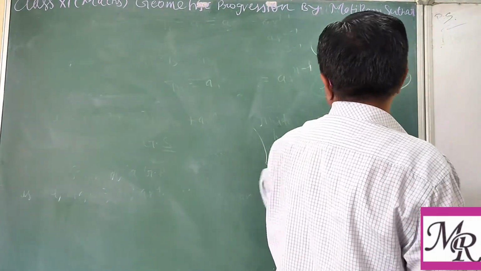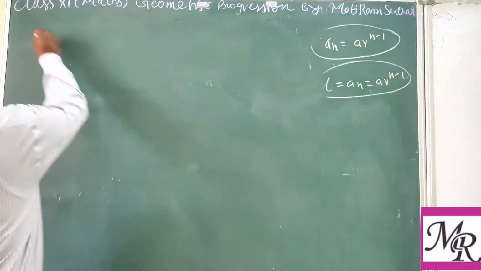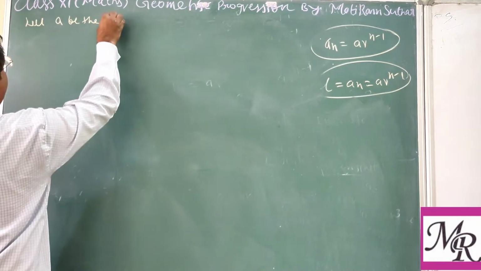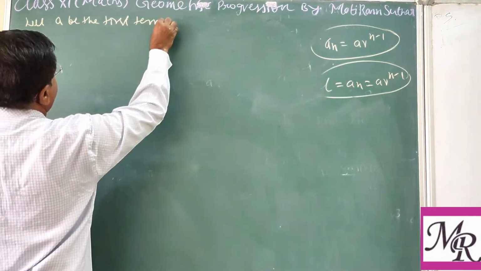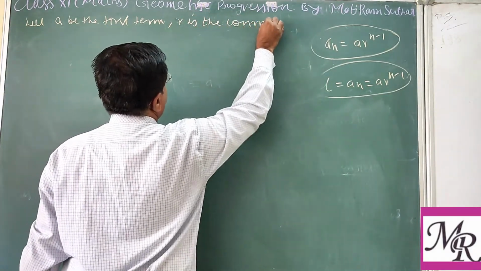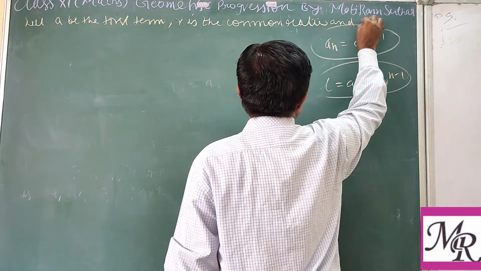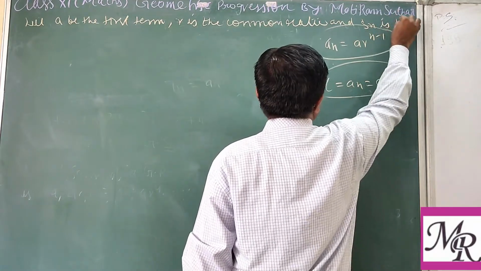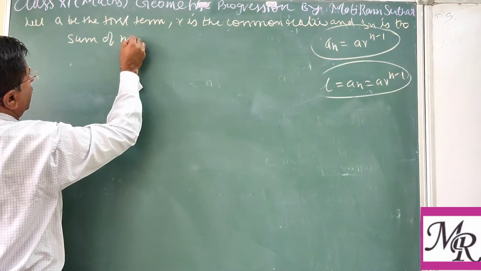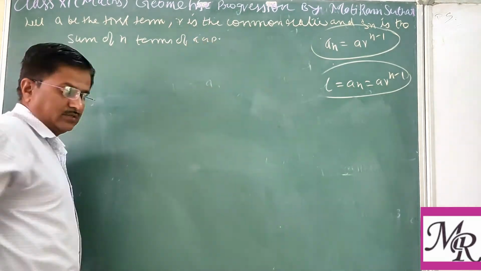So as we see, let A be the first term, R is the common ratio and Sn is the sum of n terms of a GP.